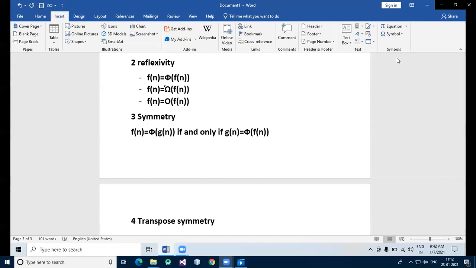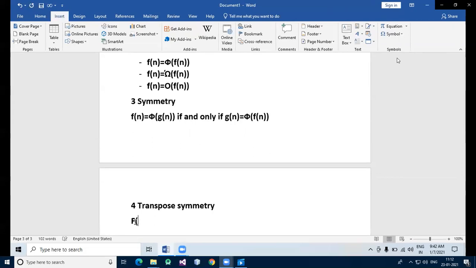Here f of n is equal to big O of g of n if and only if g of n is omega of f of n.